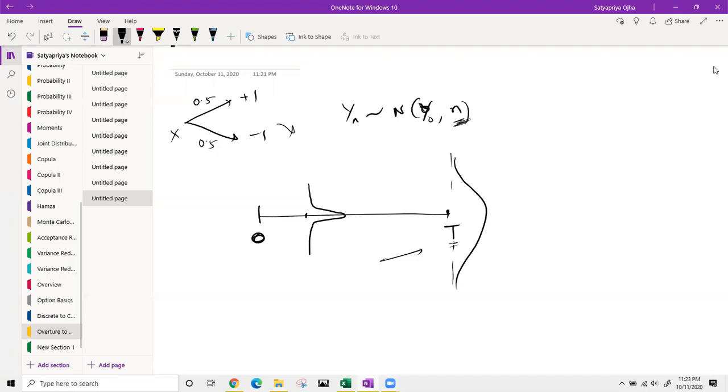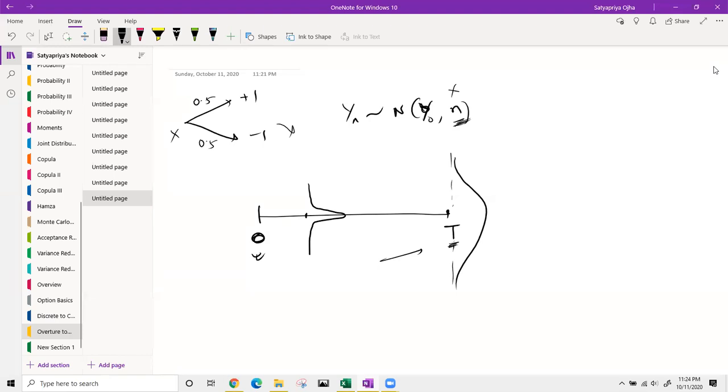If I'm looking at a stock process, or an interest rate, which is currently at 0, what can happen in the future? In the near future, you don't expect super huge swings. After 10 years, maybe yes, this can go to any extent. So the variance should depend on the time for which you're trying to model this process, but it should never depend on the number of steps.